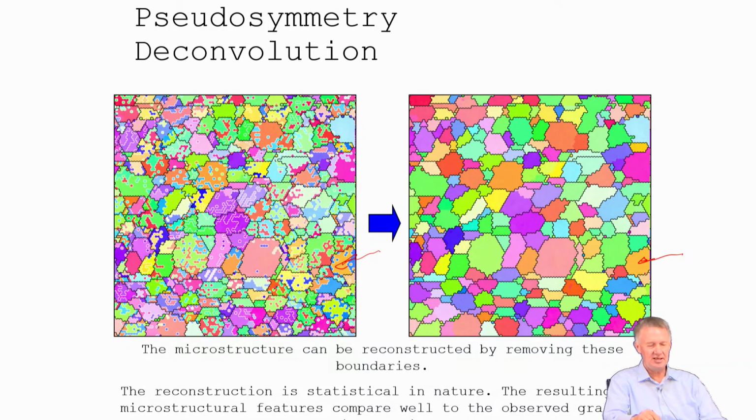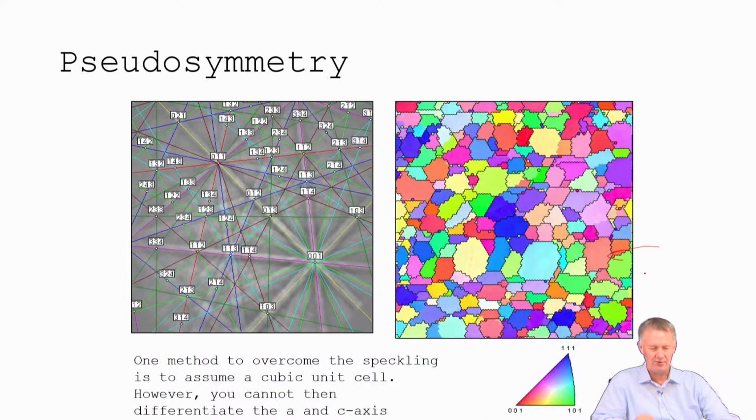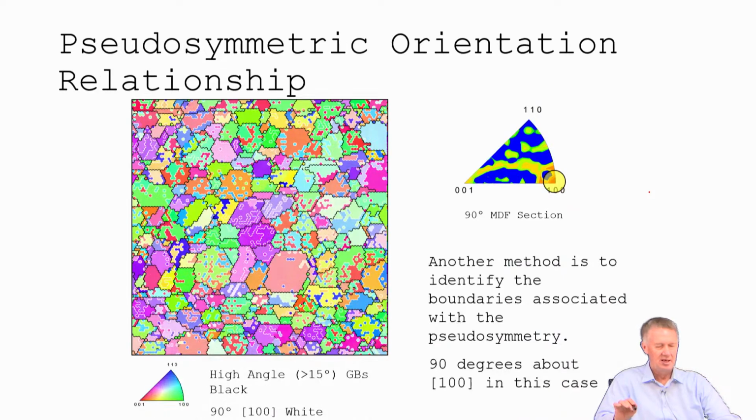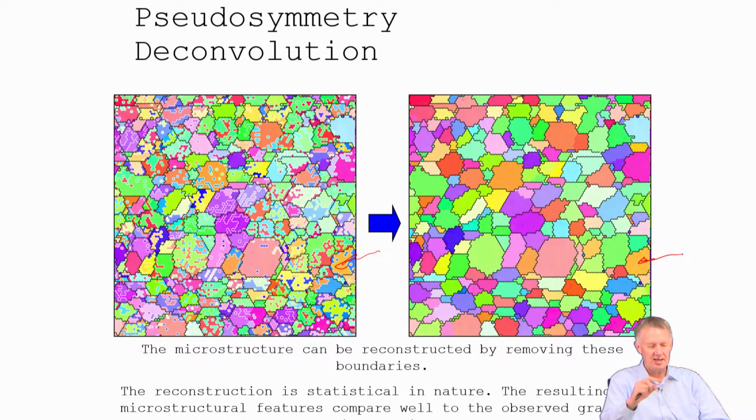In the case where we reassign them to cubic, like this one, it disappears. Now all we have is cubic phase. In this case, it reassigns them to whatever the majority was to begin with. If we have this big peach color grain in the center, the majority is already peach and it's going to stay that way, whether it was interpreting the C-axis one way and the A-axis the other way, it would keep whatever that interpretation is.